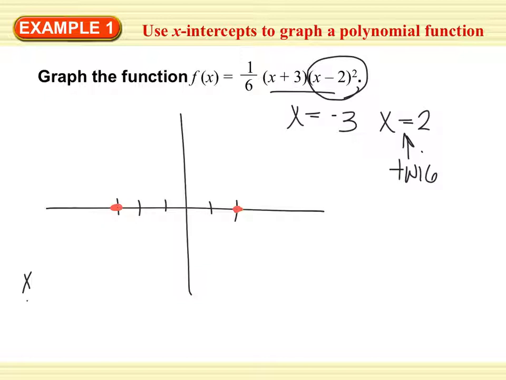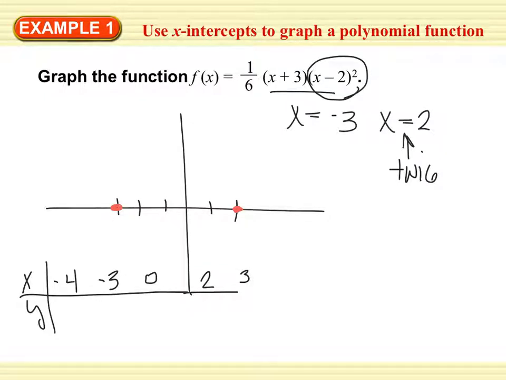So if we set up a table x, y, my x-intercepts are -3 and 2. So I'm going to plot a -4 and, I don't know, let's do a 0, which is always easy, and a 3. Okay, so we have the zeros and some more.